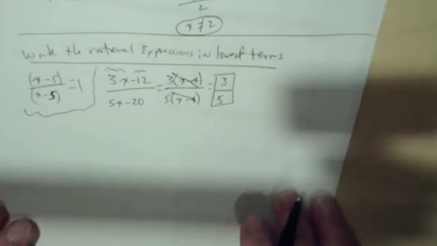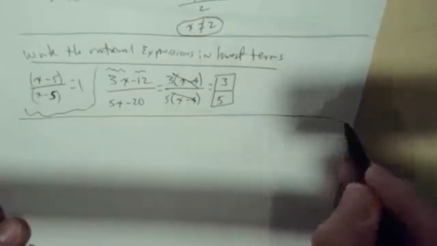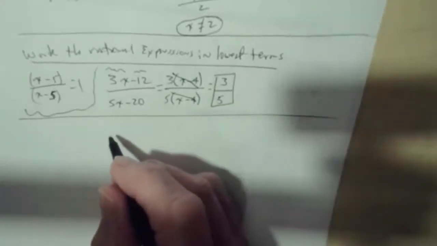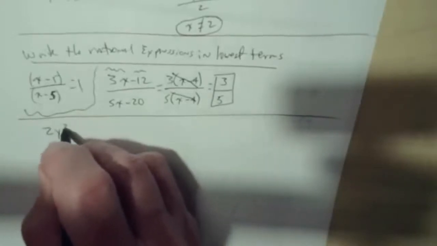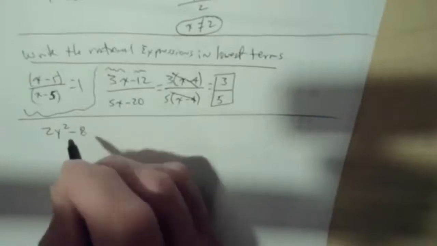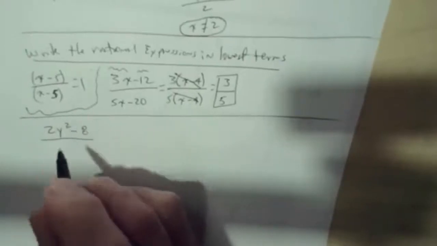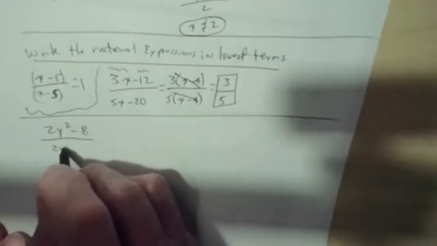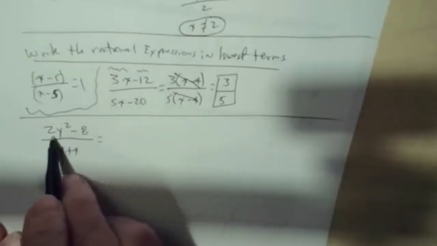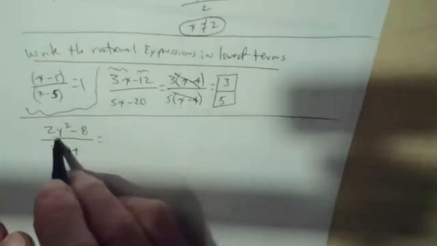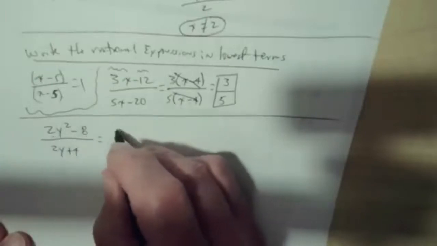Now, what if we have this? This, if you're so smart: 2y squared minus 8 over 2y plus 4. Okay, now what can we factor out of this? A 2, right? 2 will go into both of these terms, so 2 open y squared minus 4.